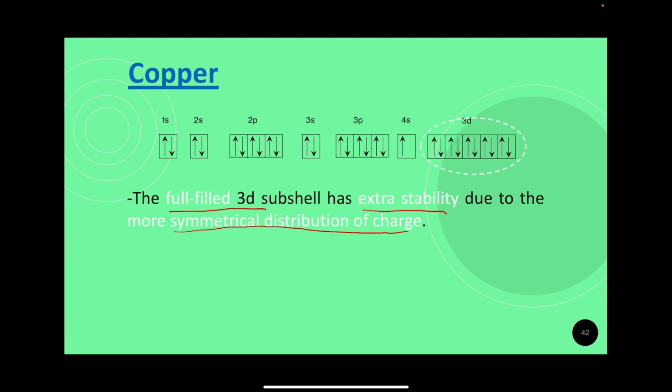That's why in copper, to write down the electron configuration, we disobey the Hund's rule, the Hund's rule.